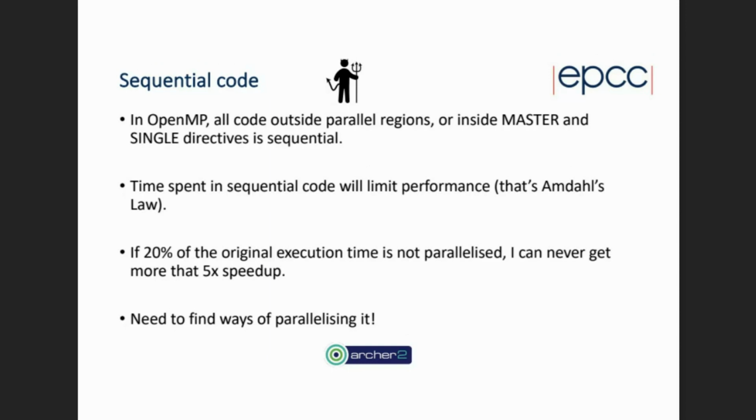If the code that accounts for 20% of my original execution time is not parallelized, then you're never going to get more than a 5 times speed up. So your job's not done yet. There are still parts of the code that are consuming significant execution time and need to be parallelized.